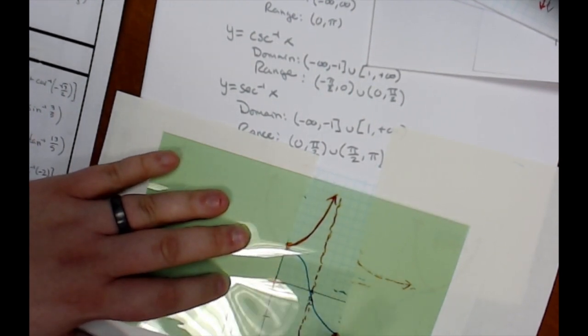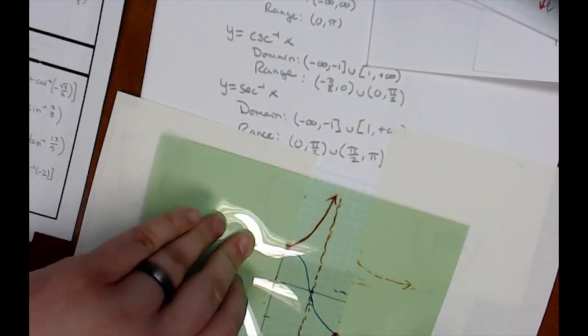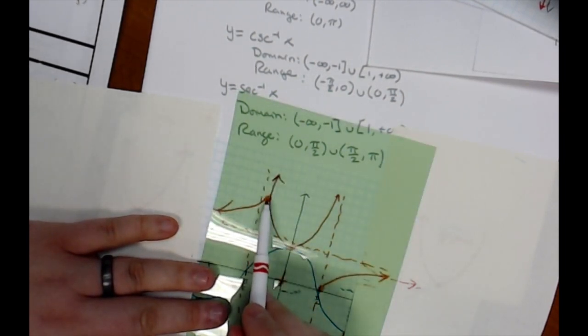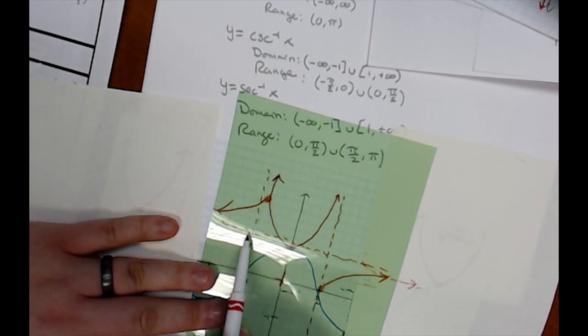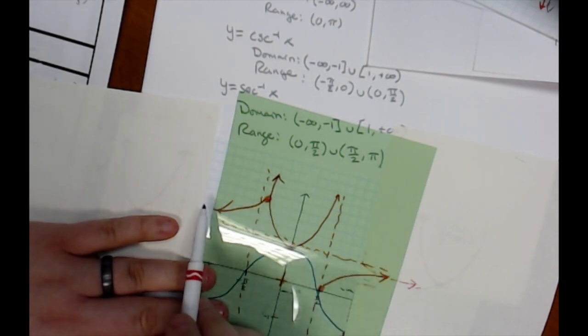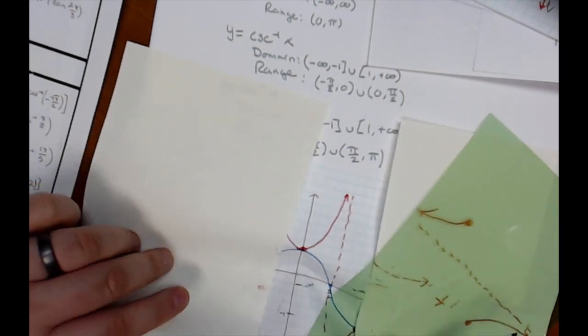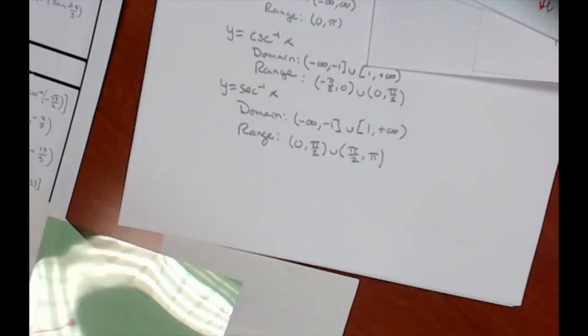Mark our origin. So when we flip it, we end up with this from 0 up to pi. Pi over 2 has a horizontal asymptote, and our domain and range are what we expect. All right, so that's where those things come from.